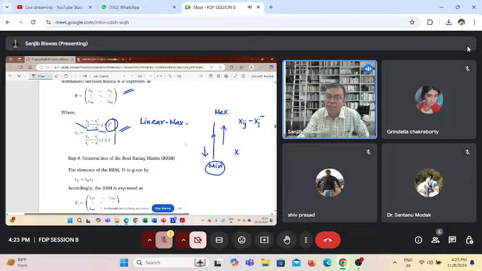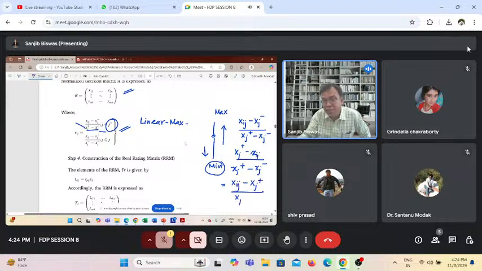So that's why it is used as xj plus minus xij, divided by the whole range, that is xj plus minus xj minus. So this is the normalization.